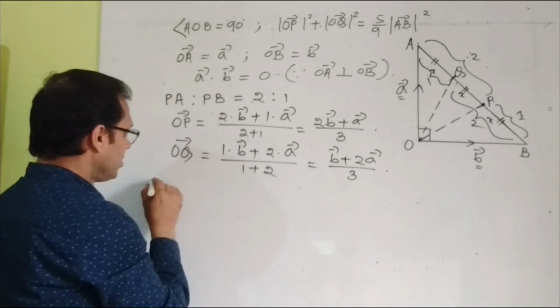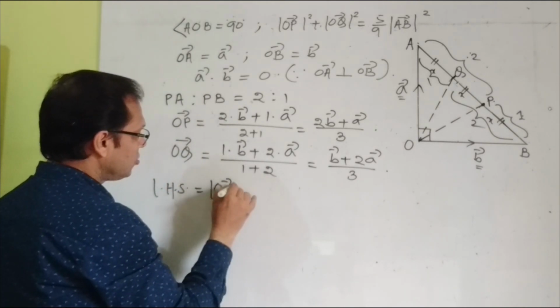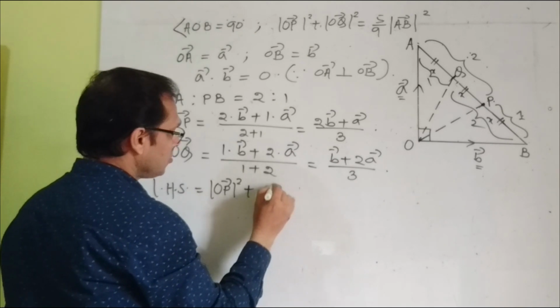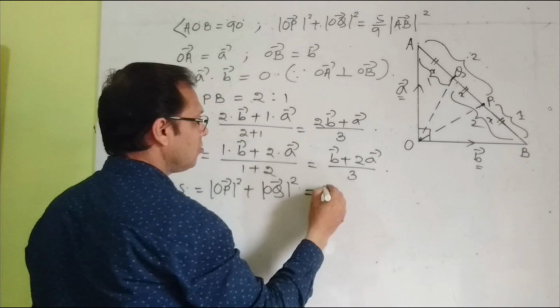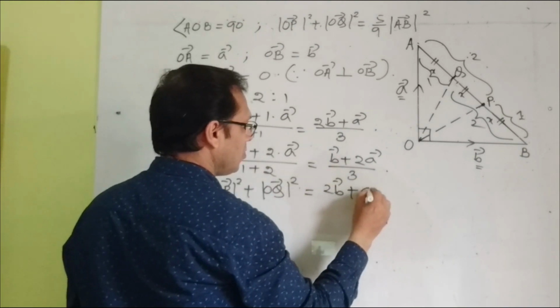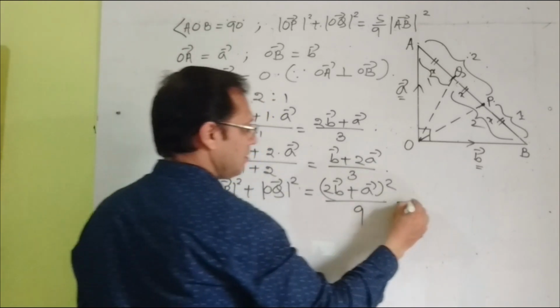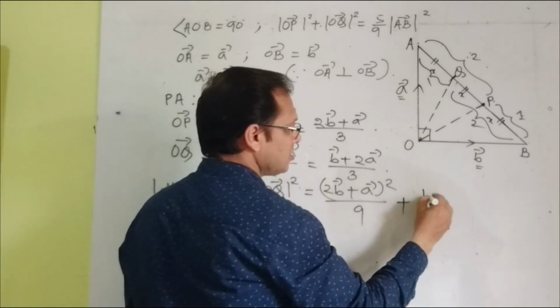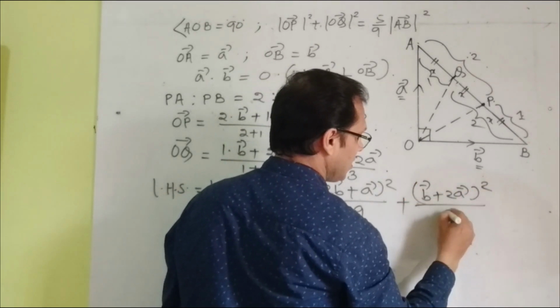Now what is your LHS? LHS is equal to OP vector magnitude square plus OQ vector magnitude square, that is nothing but 2B vector plus A vector whole square by 3 square, that is 9, plus B vector plus 2A vector whole square by 3 square, that is 9.